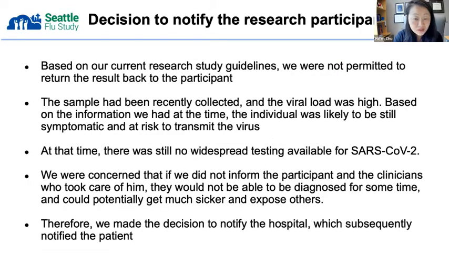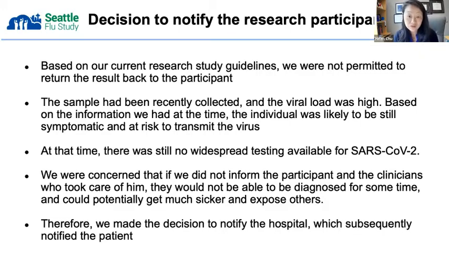And so here we are. As I said, based on our current research study guidelines, we weren't permitted to return that result back to the participant. However, there were a couple of other things that we had to think about. When we were authorized to start testing on February 27th, the sample that we tested that turned positive was from just 48 hours earlier.